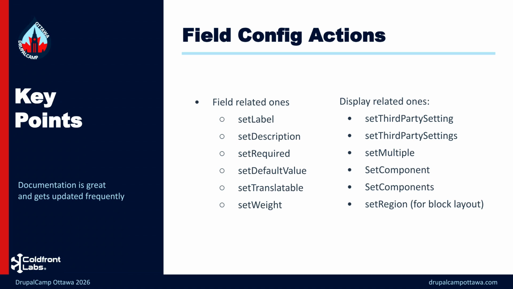If you want the field that you're adding to be set to required, then you would just use that config action. So instead of this all being one global "I want all of these changes set there," all of those config actionable things are split off into their own config actions.